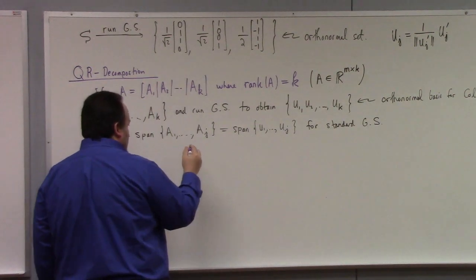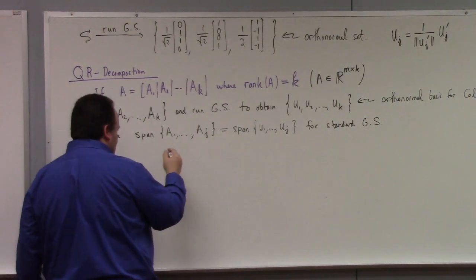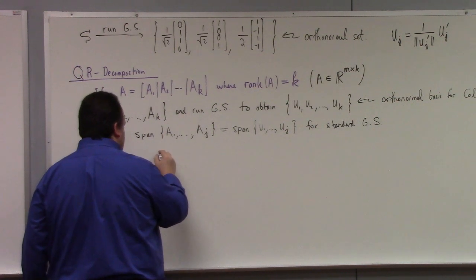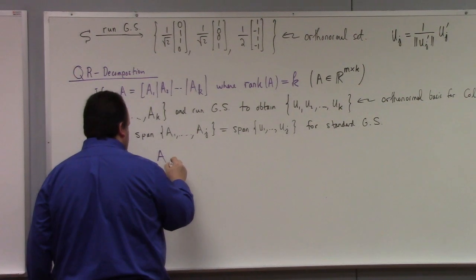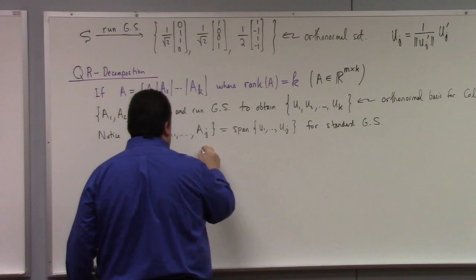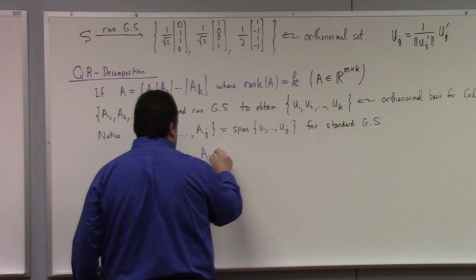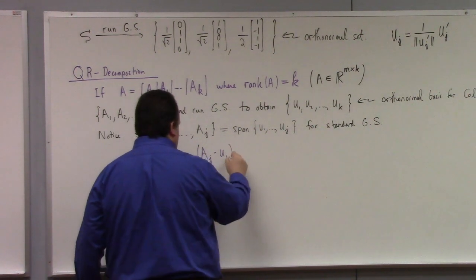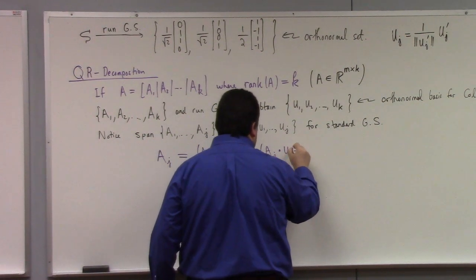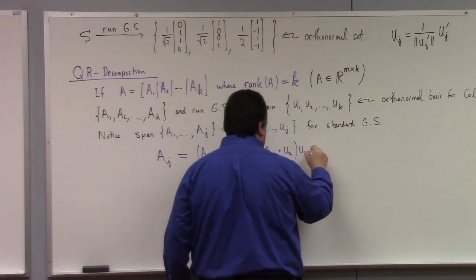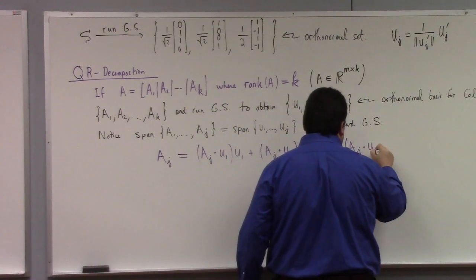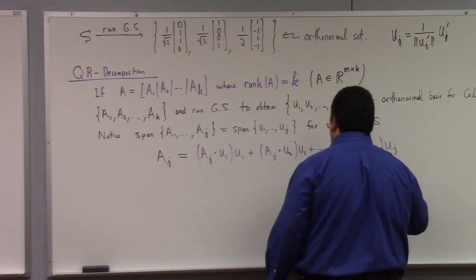This means that we can write A sub j as equal to, let's say, A sub j dot u1, plus A sub j dot u2, plus dot dot dot, plus A sub j dot uj. Why can I do that?